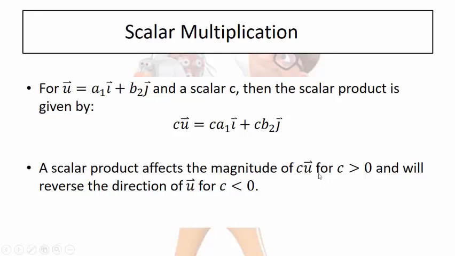And if the scalar is negative, then what that will do is reverse the direction. So if you had a vector that was going one direction, and then you multiplied by negative 1, it's going to go in the exact opposite direction but have the same magnitude. And so keeping this in mind, scalar multiplication will affect the magnitude of the vector, and it could affect the direction by sending it in the opposite direction.